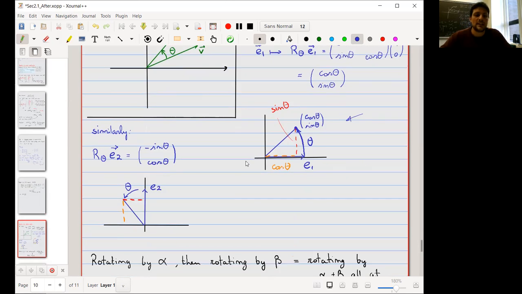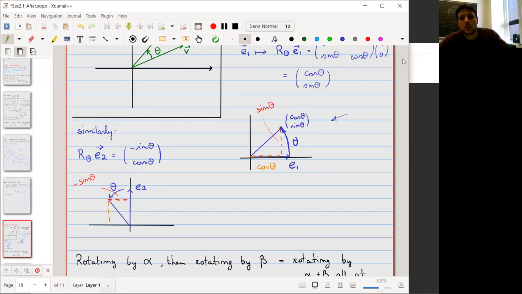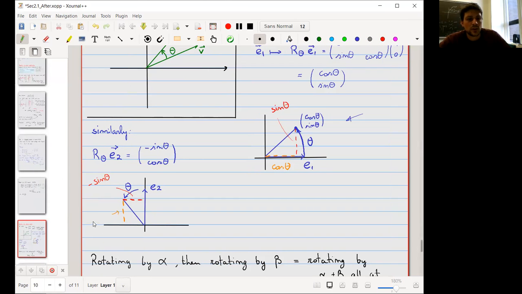If I were to plot that, I would get exactly what is expected, which means I would get the vector whose x-coordinate is minus sine of theta and whose y-coordinate is cosine of theta.